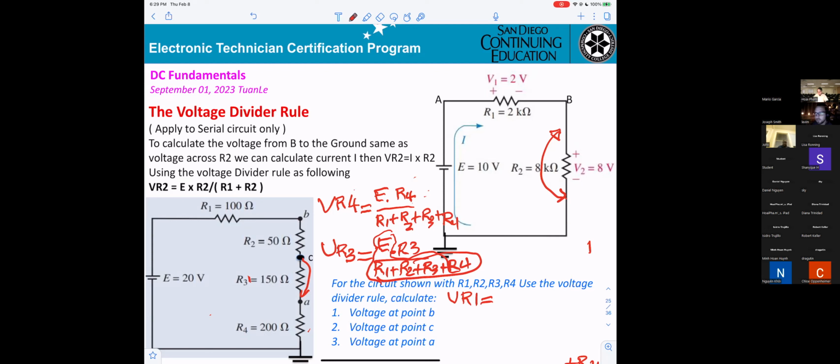First thing you say, E times R1, correct? Yes, and everything divided.